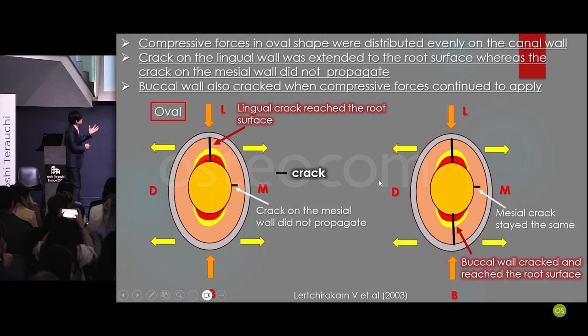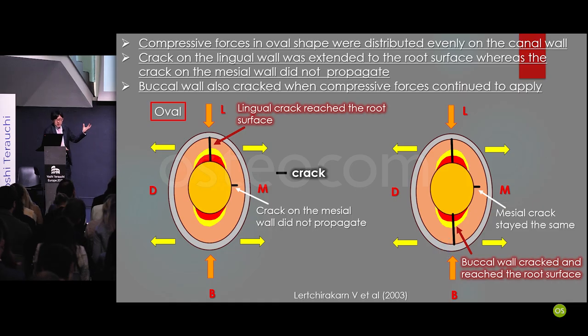If you don't do anything about the crack, you will have another crack propagated from the buccal wall reaching the root surface over time. So it's okay to leave the crack on the medial root or distal root, but it's not okay to leave the crack when you see the crack on the lingual side or the buccal side.